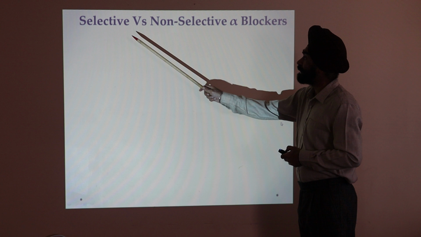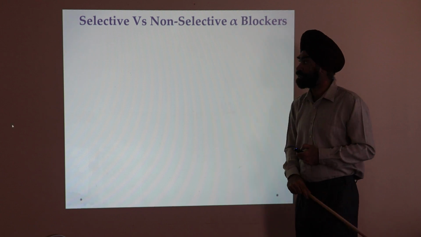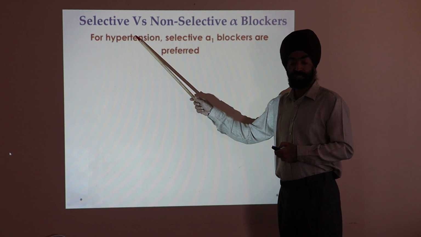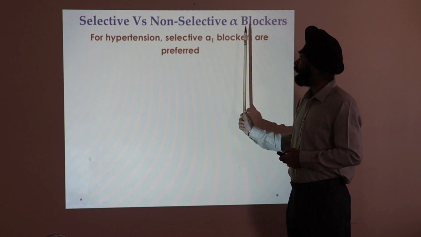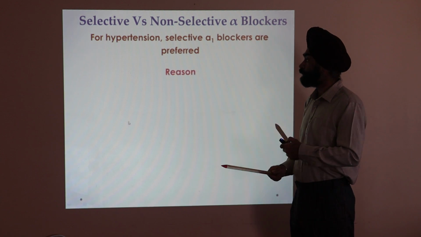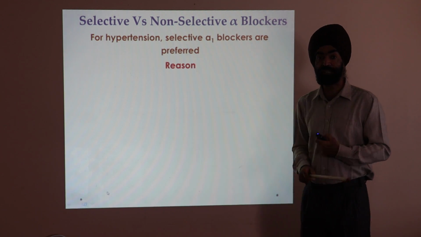Now, selective versus non-selective alpha blockers. If you want to treat hypertension, we prefer alpha 1 blockers. Selective alpha 1 receptor blockers are preferred over the non-selective. What is the reason?